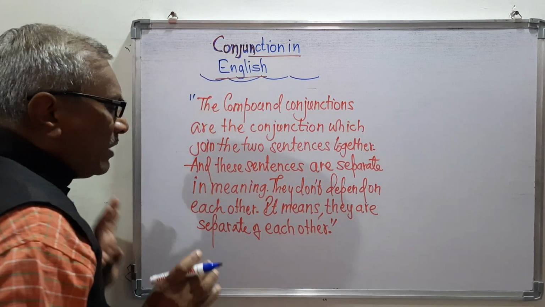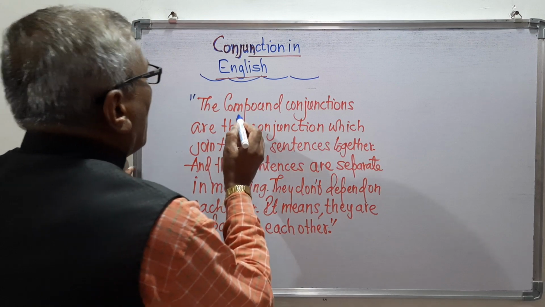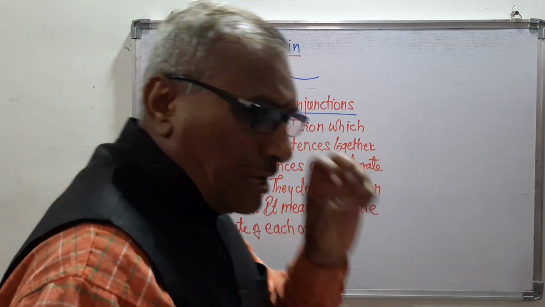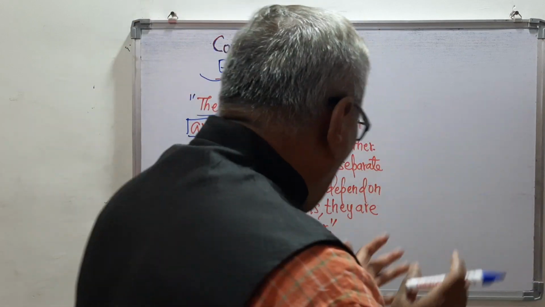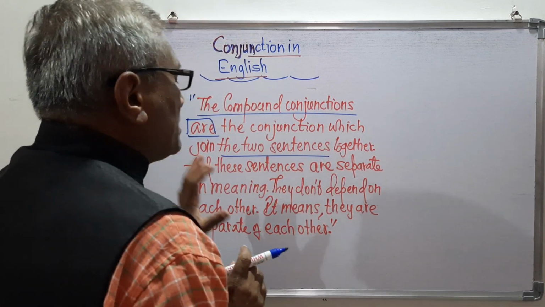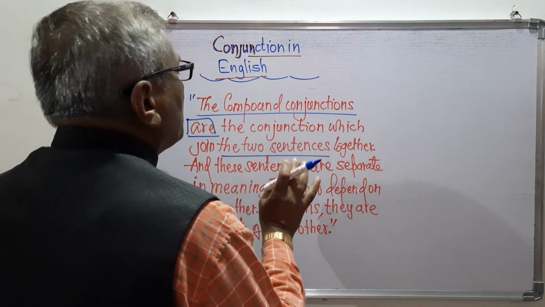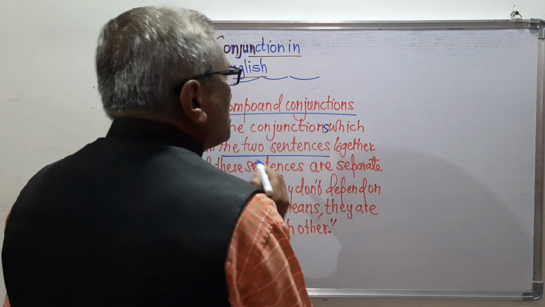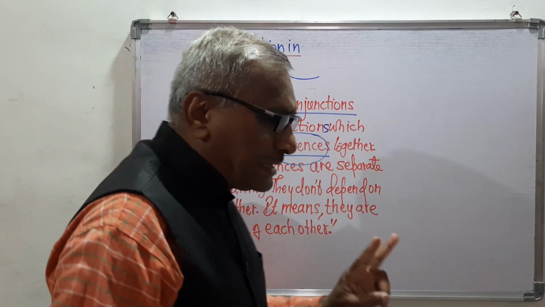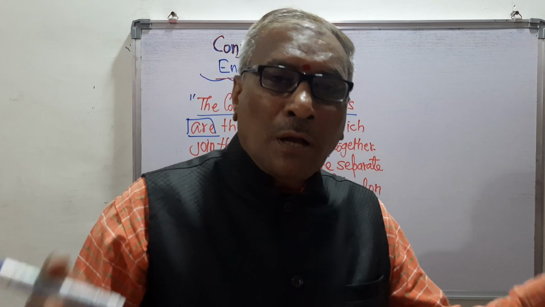The point is very clear. The compound conjunctions are the conjunctions which join two sentences, meaning the two sentences are joined by these conjunctions, and that's why they are called compound conjunctions.